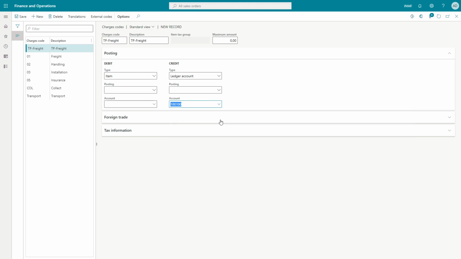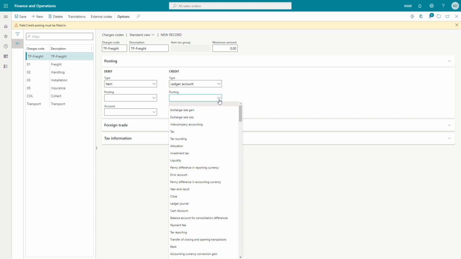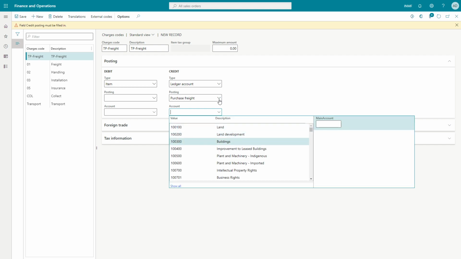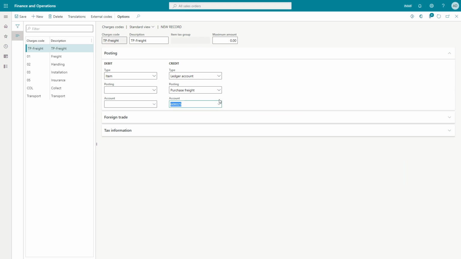So right now, I'm selecting any one GL. I'll say purchase freight. Okay, so I'm selecting any random account here right now.